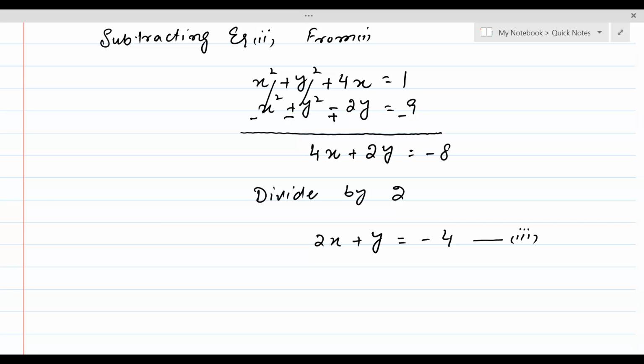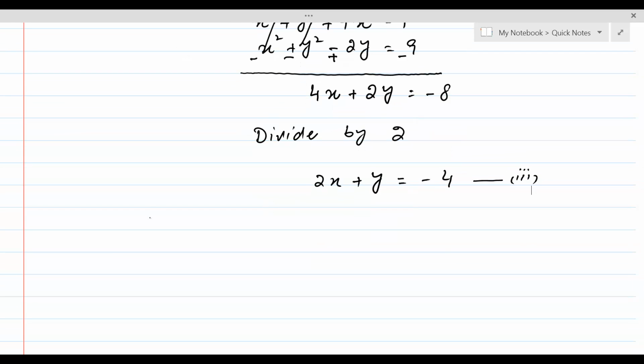It doesn't matter. You can solve equation 3 with equation 1, or you can solve the pair equation 3 and equation 2. Both will give you the same solution.